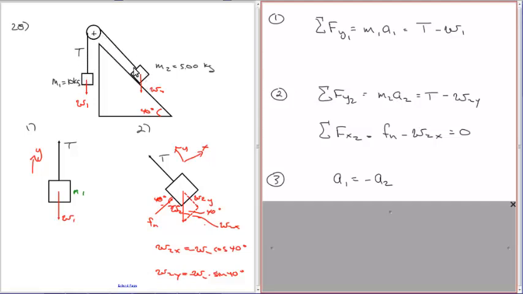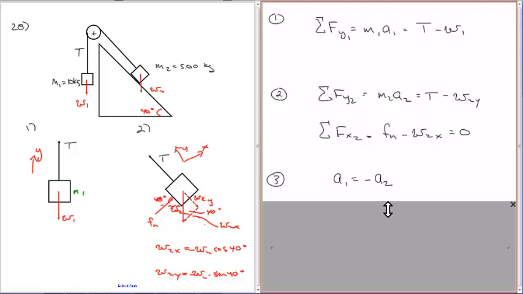Well, that means for a positive acceleration here, we have a negative acceleration because it's going in the opposite direction to how I defined y. So A1 is equal to negative A2. The magnitudes are the same. The signs are different because of the way we defined our coordinate system. If I defined this the other direction, then they would be equal to each other, both the magnitude and sign.